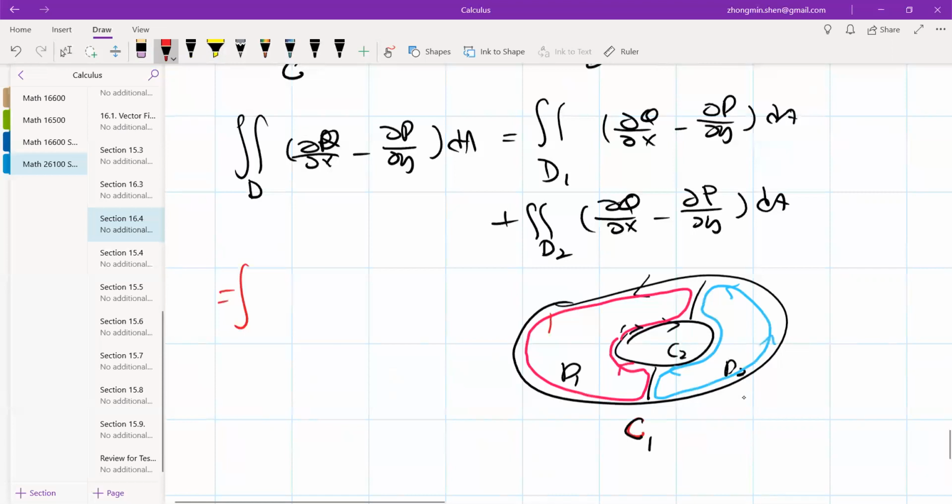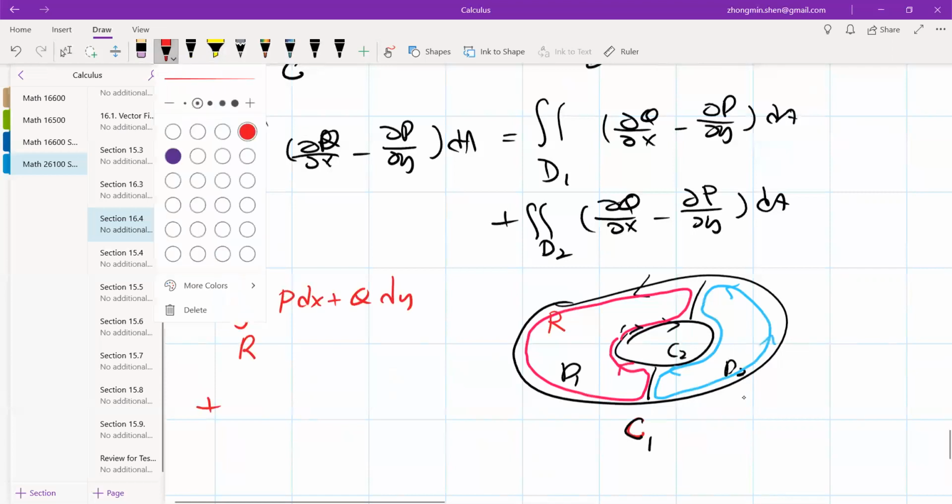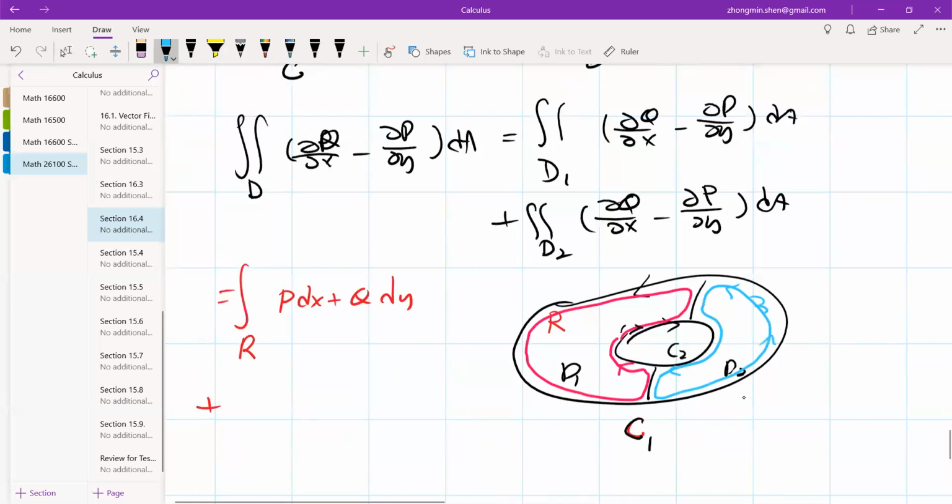Just call it red. So that is going to be the integral of P dx plus Q dy. And this one I call rho, so that's the integral over rho of P dx plus Q dy.